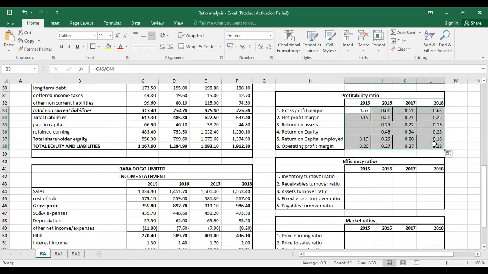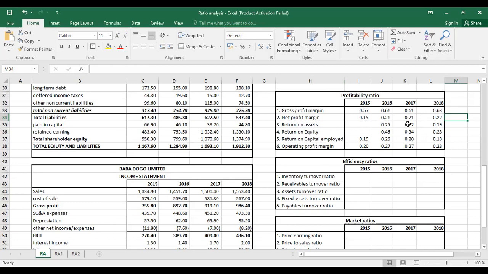Then I can remove the borders with Alt-HBN, then Alt-HBT. Now look at the gross profit margin. Our gross profit margin has been increasing. It means we are doing effective cost management. Same thing for our net profit margin. We are managing our expenses well because they are increasing.